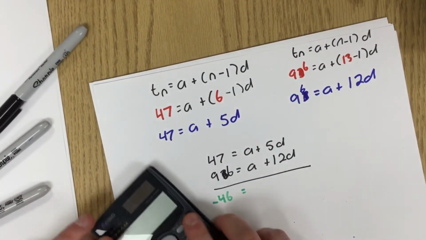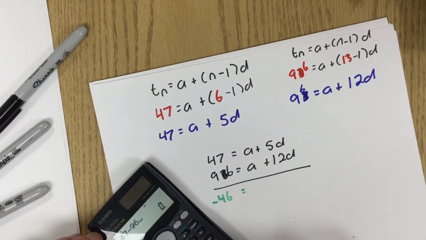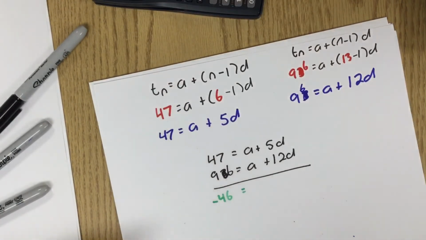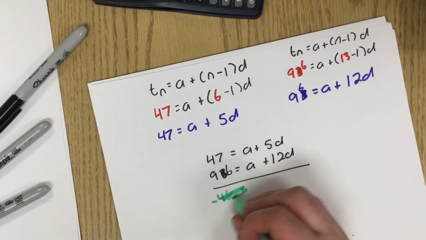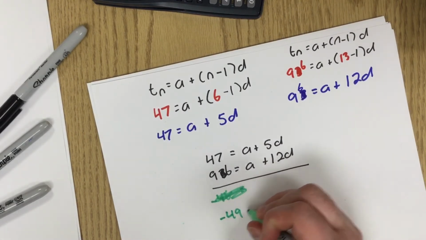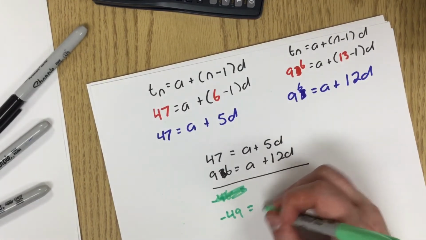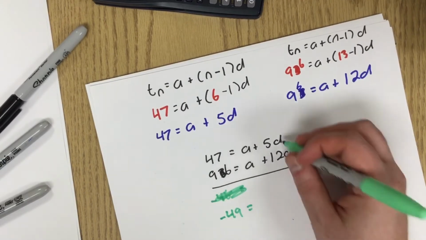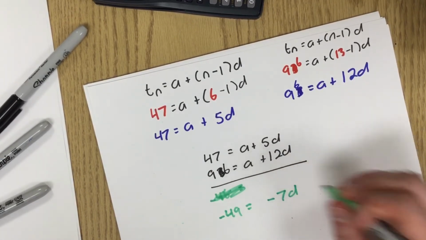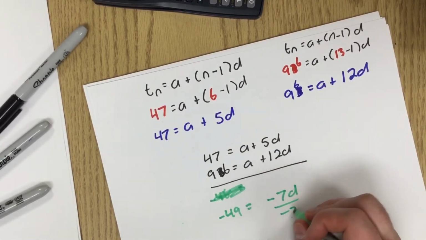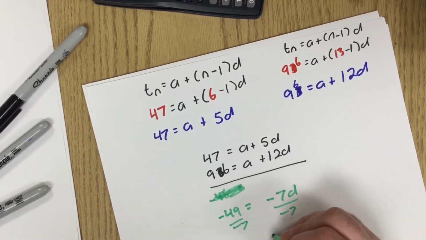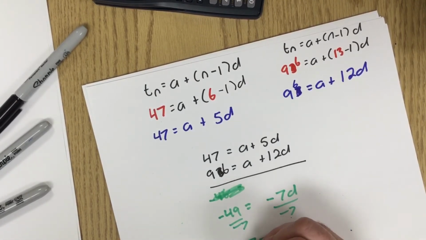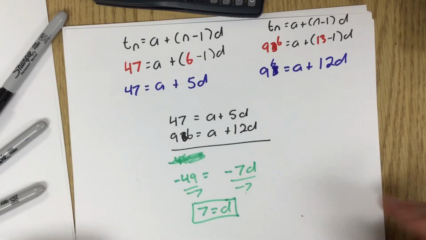So what we have is 47 minus 96, negative 49. Now that's going to work out a lot better. A minus A is nothing, is 0, and 5 minus 12 is negative 7D. And then we divide both sides by negative 7, and we get that D equals 7. So D equals 7.